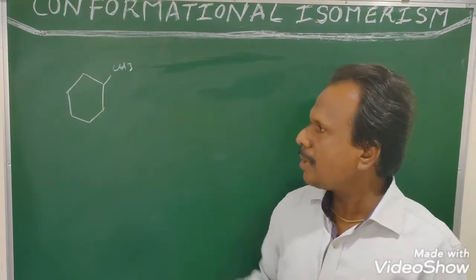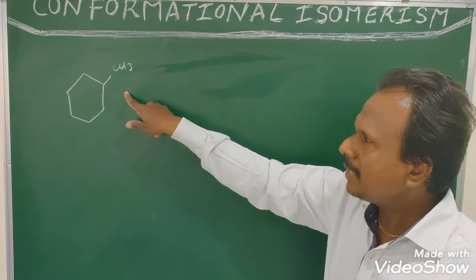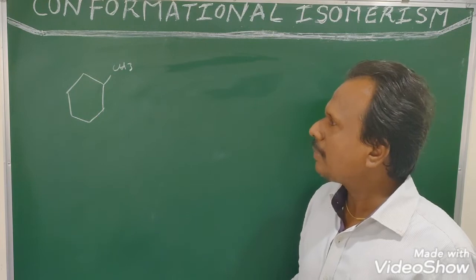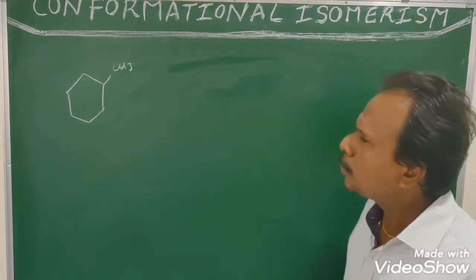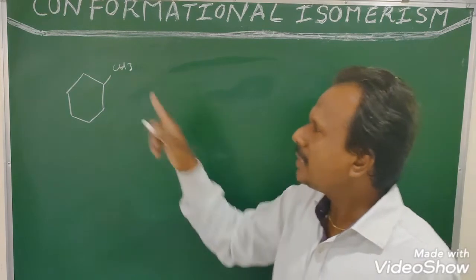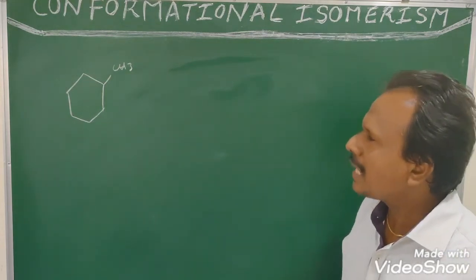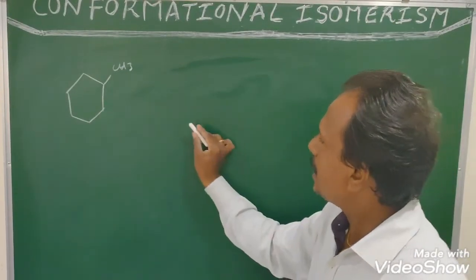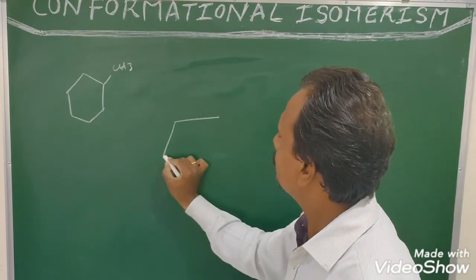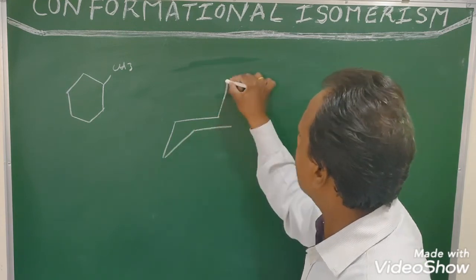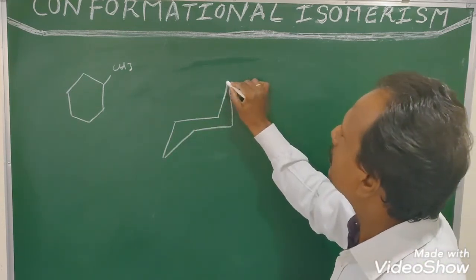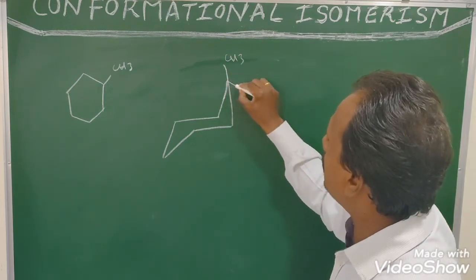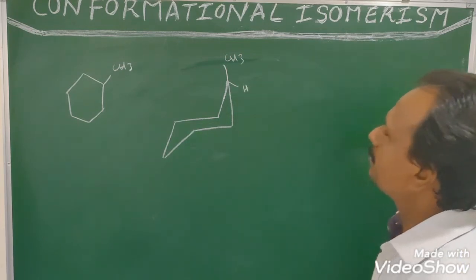This is methyl cyclohexane, having two conformations. Cyclohexane has two conformations, and its derivatives also have two chair conformations. Each monosubstituted cyclohexane has two chair conformations. In this chair, the methyl group is present in the axial position, and the H atom is in the equatorial position.